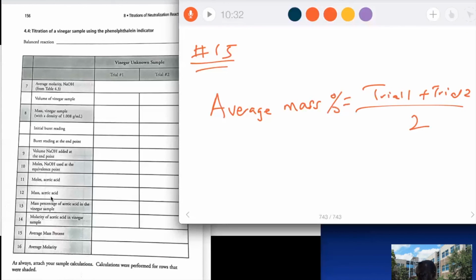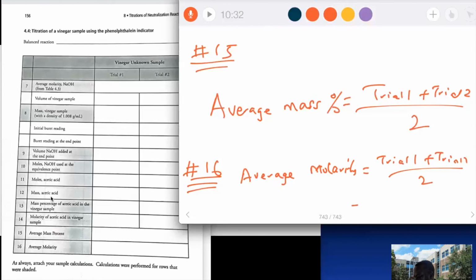And lastly, the average molarity is given by molarity for trial 1 plus trial 2 over 2, and that will give you the average molarity here.